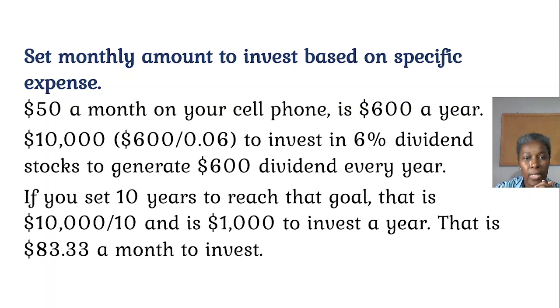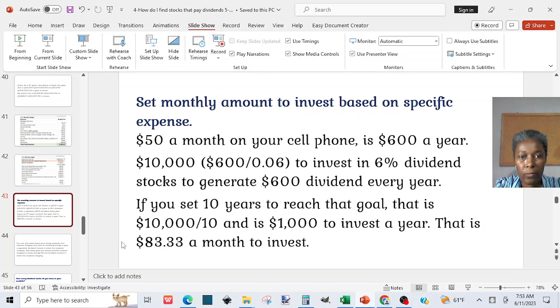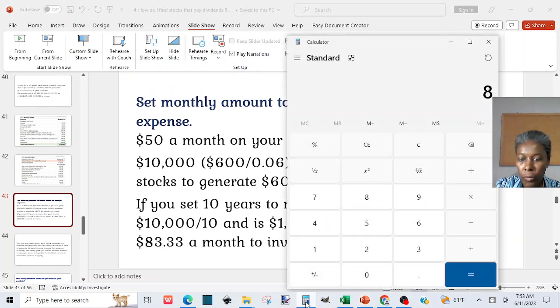So if you are investing $83 a month at 6%, that's $83.33 times 12 for a year. That will be pretty much $1,000 times 0.06.